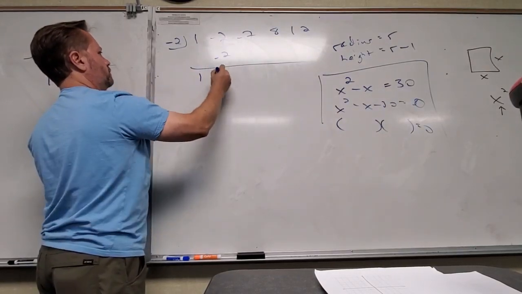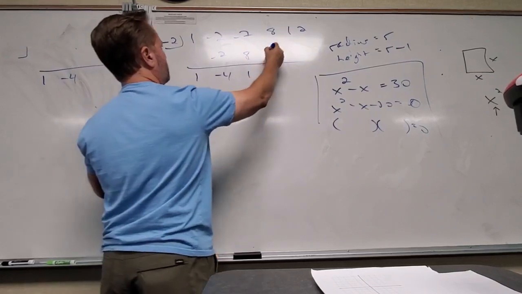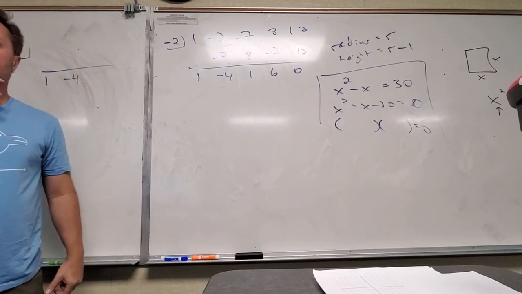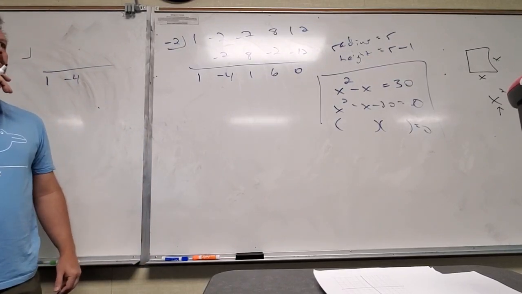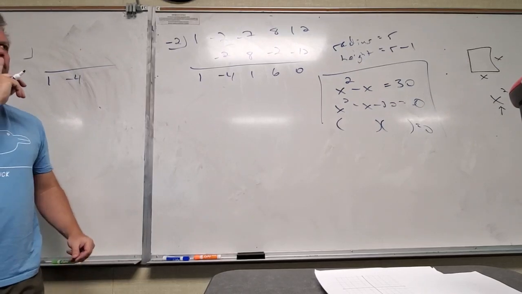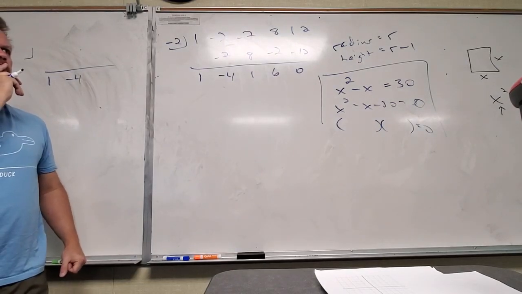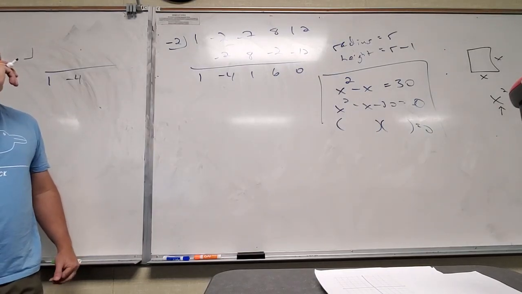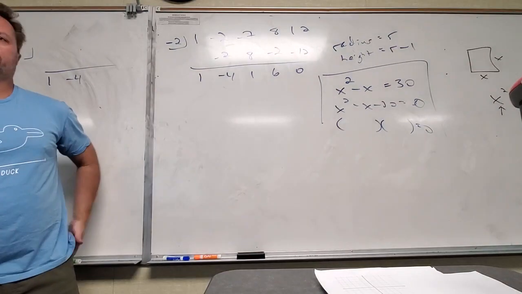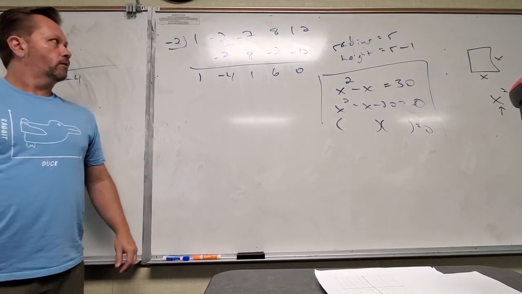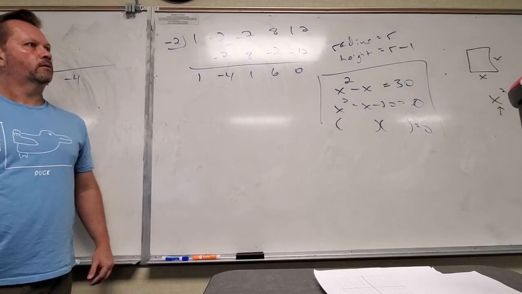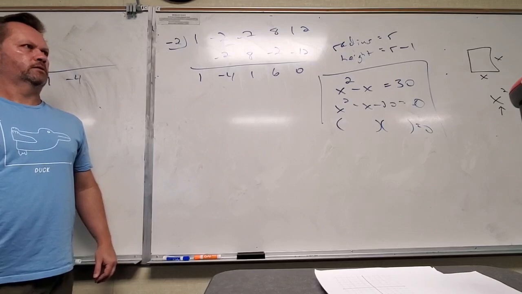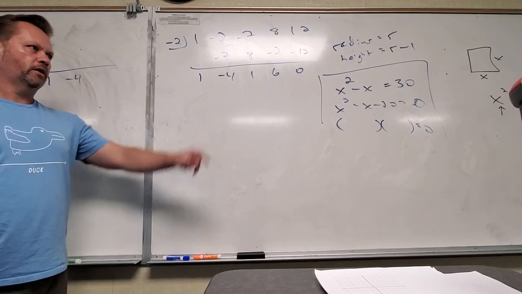So 1, -2, -4, 8, 1, -2, 6, -12, 0. Right? Wait, hold on. I think I did the wrong one. I think I wrote the numbers down wrong. Sorry. Yeah, because I didn't have -7 or 8. I have x to the fourth minus 2x cubed minus 9x squared minus 2x. Oh. I think that's on me, sorry. Oh, that looks like it's number 34.